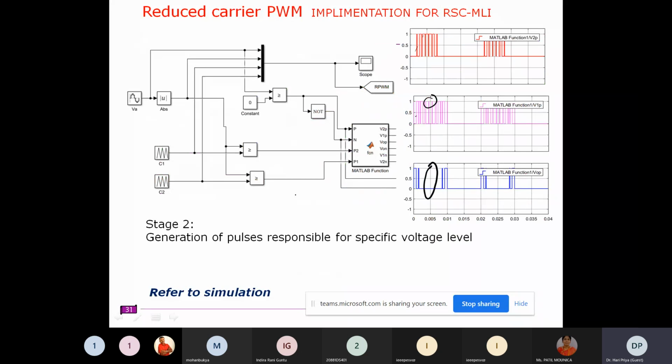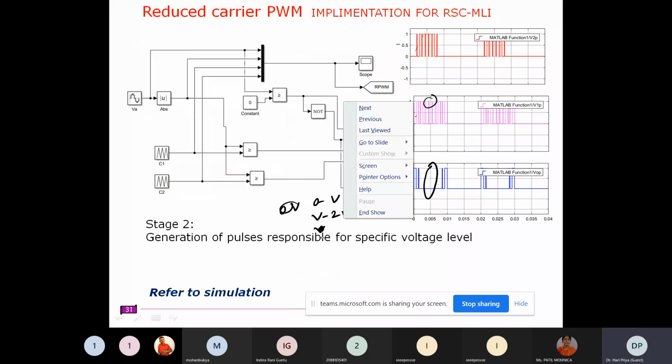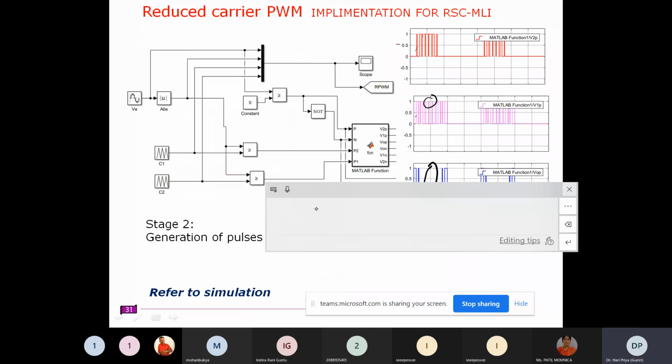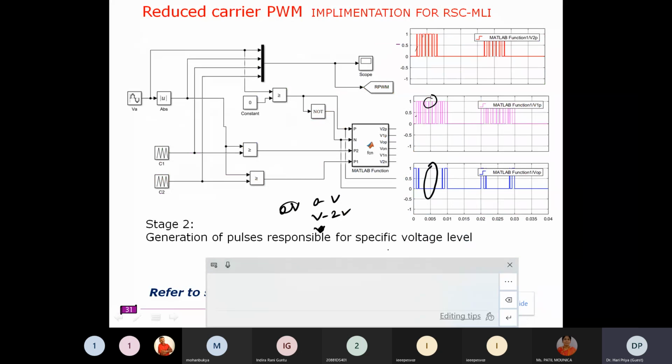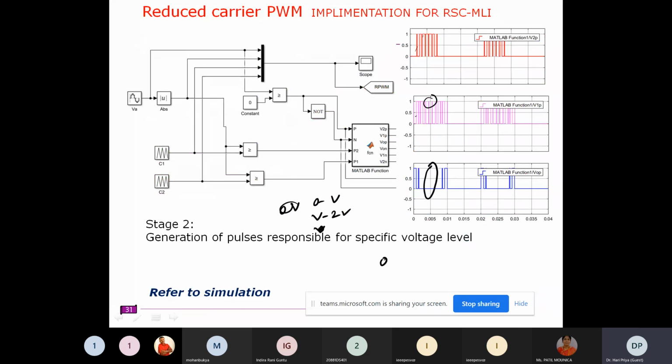Now we have the voltage band 0 to V and the voltage band V to 2V. How many levels are there according to the topology? You need one path for getting 0 voltage, another path for getting V voltage, and another path for getting 2V voltage level. This is obtained with respect to P1, this is obtained with respect to P2.